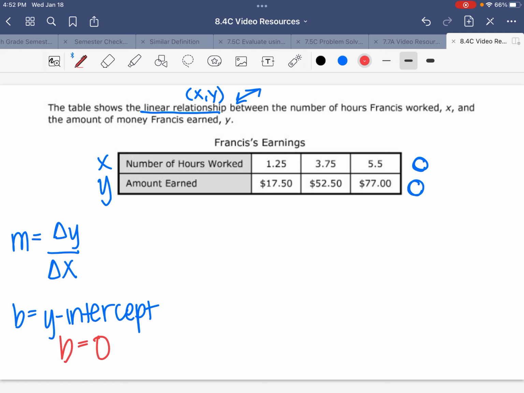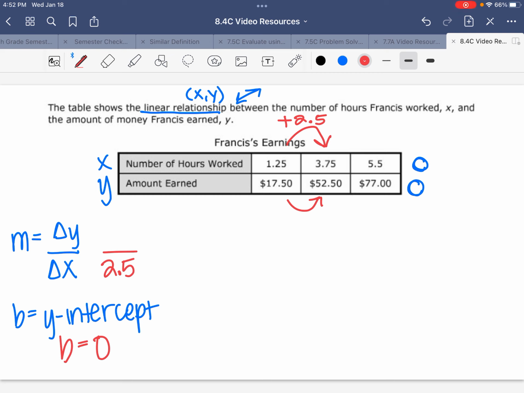And so I look and I see from 1.25 to 3.75, I think, how did that change? Well, it increased, and it increased by 2.50. So that was my change in x, which means it will go in the denominator of my ratio. And as the x increased by 2.5, my y over here went up as well.